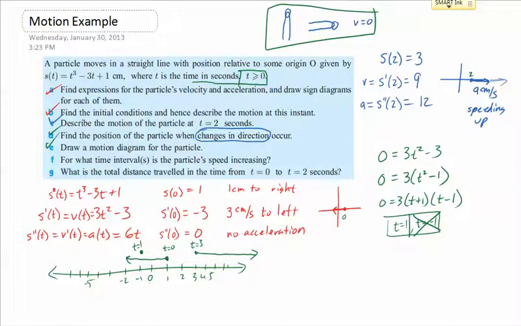You'll notice that for any value of t greater than 0, the acceleration will always be greater than or equal to 0, because I guess it could be 0 at that initial instant. That means I will only be speeding up when my velocity is in the positive direction.